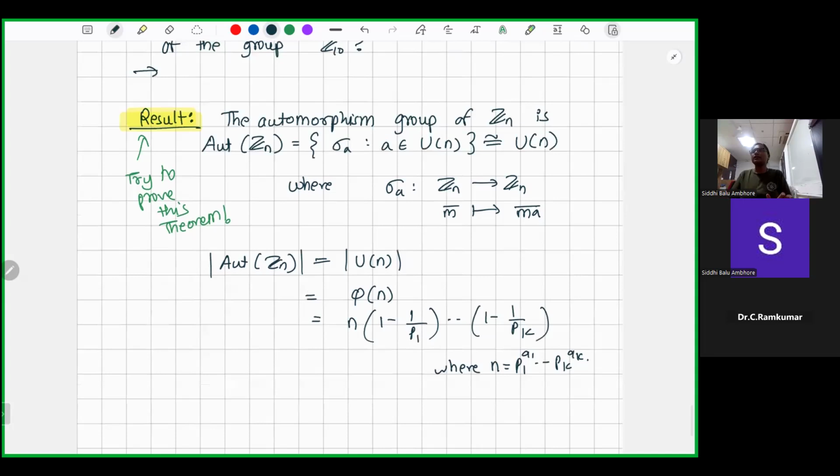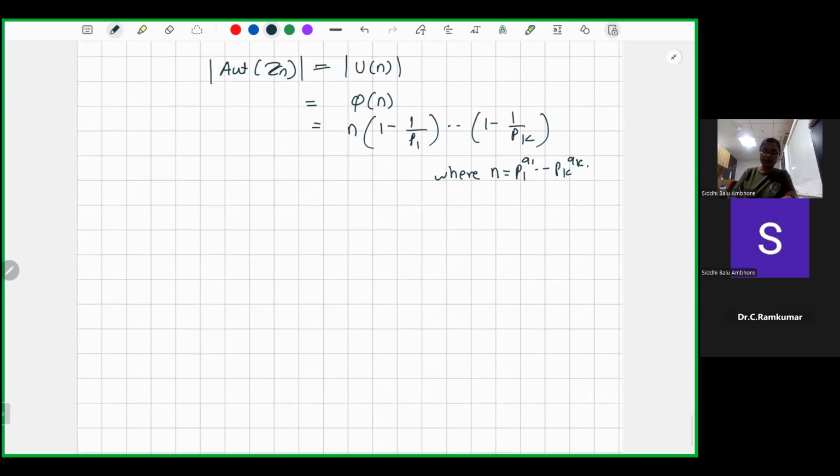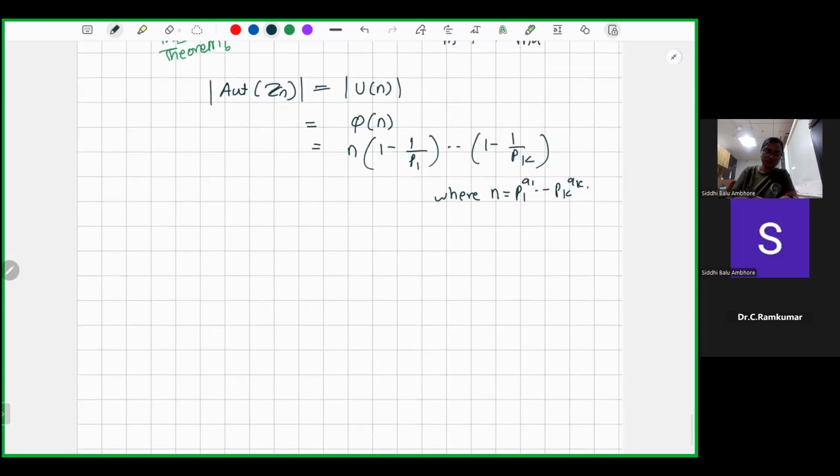So this is the general information we have about the automorphism group of Zn. Here we are asked about the automorphism group of Z10, so in short we need to find this number.